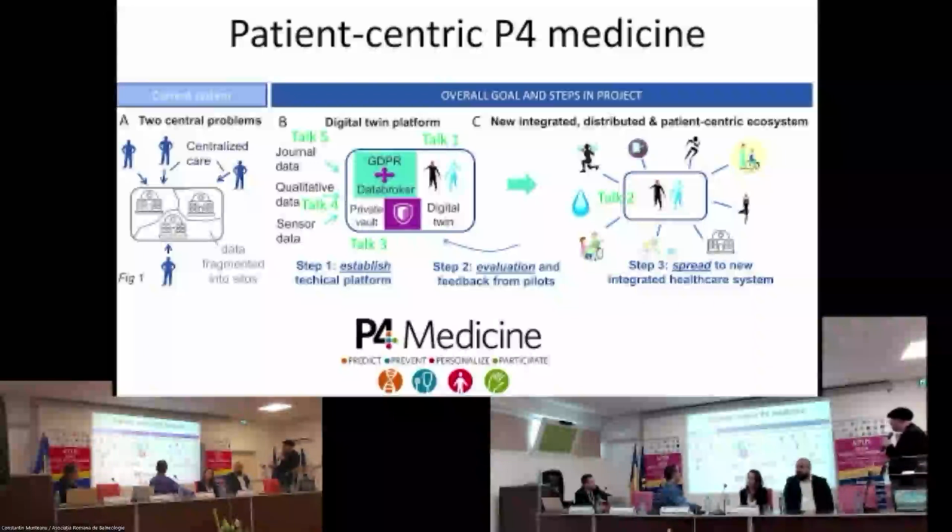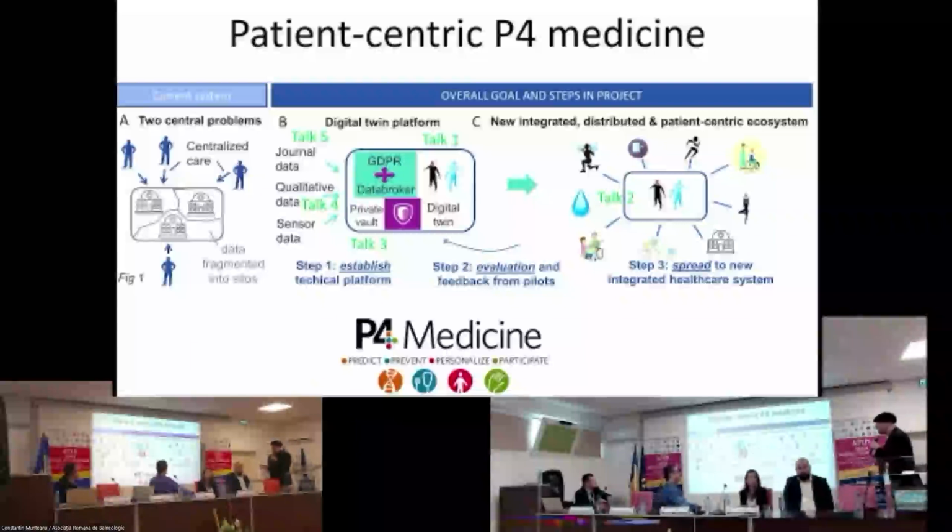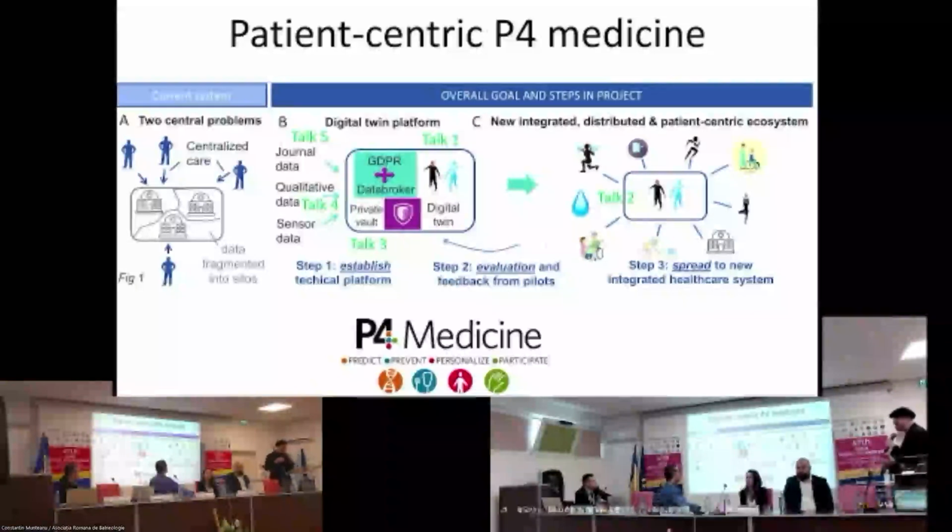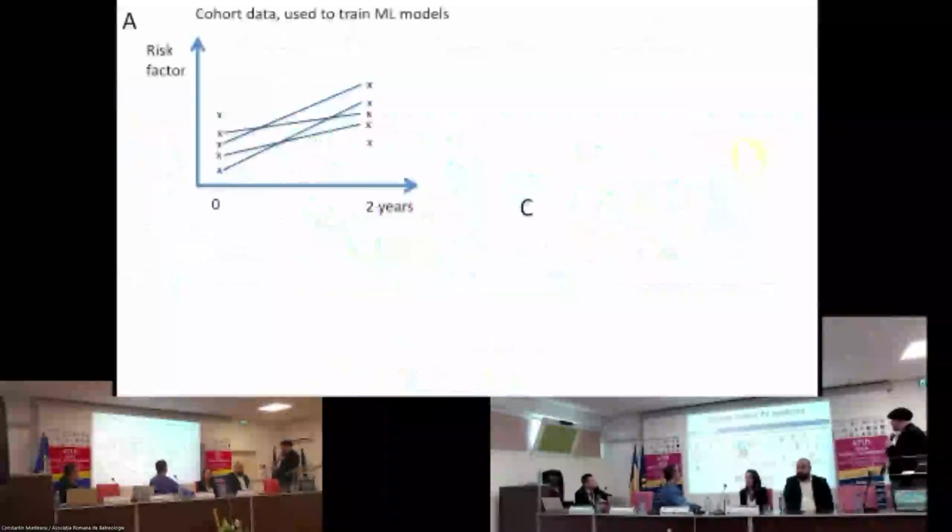And then the last talk will be about the Romanian system that deals with healthcare data, so the electronic healthcare system. And after we have all of these things on the table, then we have the roundtable discussion, and then you can all ask questions. So that's sort of what will happen during the next 2 hours.